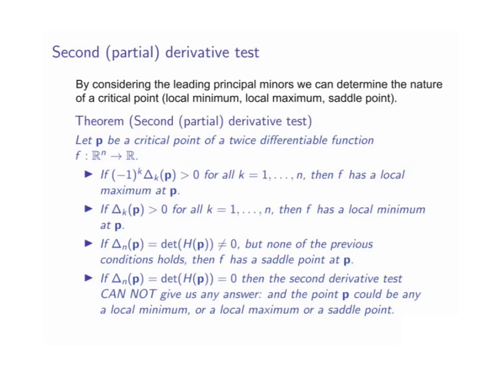Next, if each of the delta K computed at the critical point P is positive, then f has a local minimum at P. Thirdly, if the determinant of the Hessian matrix computed at the critical point P is non-zero, but none of the previous conditions holds, then f has a saddle point at P. Finally, if the determinant of the Hessian matrix computed at the critical point P is zero, it is inconclusive.